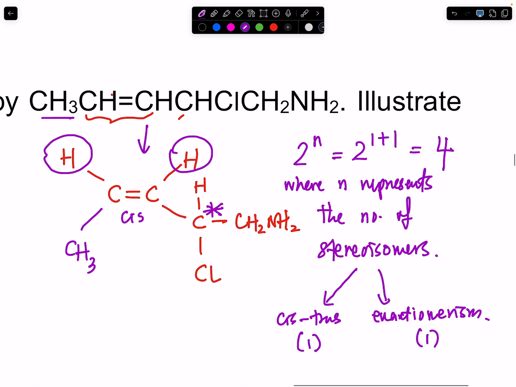Okay, you all copy this down. 2 to the power n, where n represents the number of stereoisomers. I have 1 cis-trans and 1 enantiomer, so grand total 4 stereoisomers.